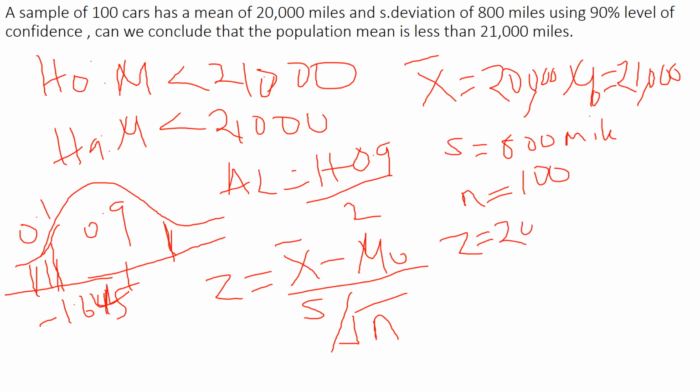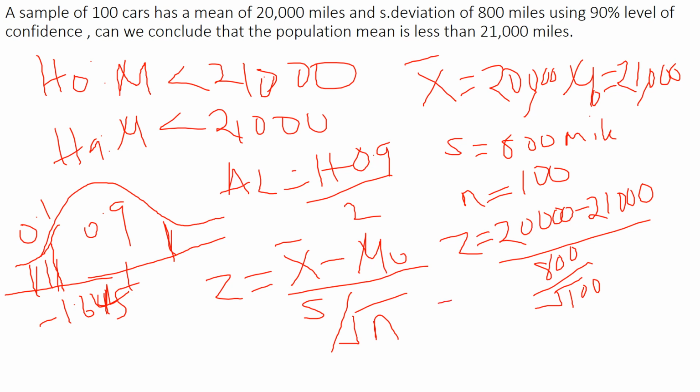So our z-score now is equal to 20,000 minus 21,000, which we divide by our standard deviation of 800 all over the square root of 100. If you subtract 20,000 and 21,000, you get negative 1,000 divided by the square root of 100, which is 10.